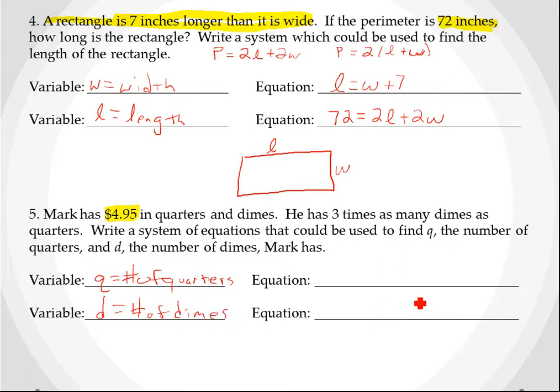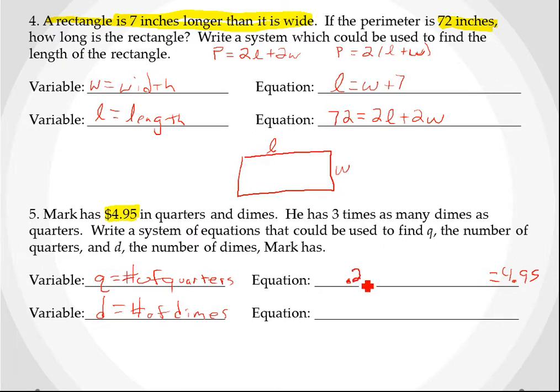Alright, so I can do equals 495 here, and since this is money or value, Q is simply the number of quarters. We need to put in how much that quarter is worth. So since this over here is talking about dollars, we're going to put our quarters in terms of dollars.